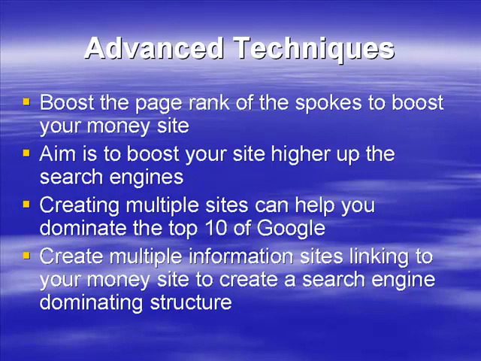So you would have a central money site, which is, say, an information product. Around this, you may have a dozen different websites that are all promoting that product from different points of view. You may have review sites, information sites, etc. So you've got those sites feeding into your central site as well. And then you've got link wheels on each of those sites and on your central site.